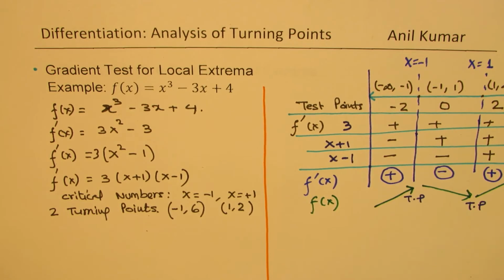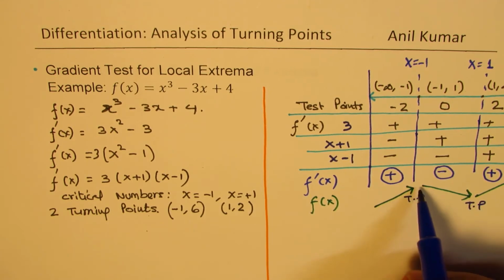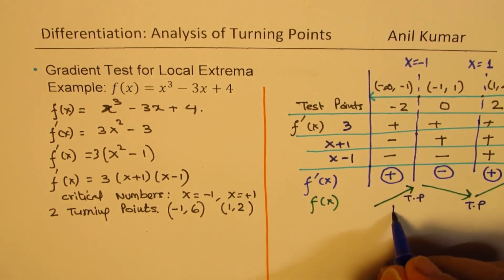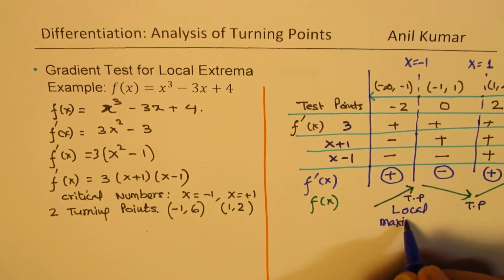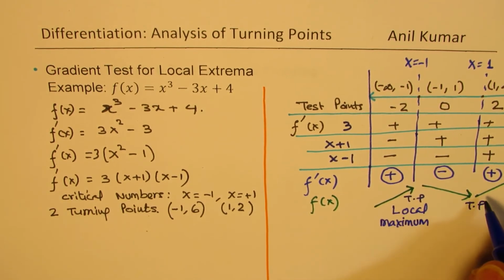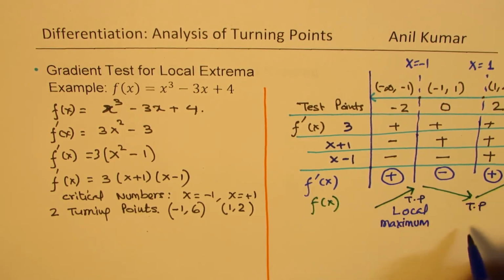Clearly, as you can see from here, the function is increasing then decreasing. That means we have reached a maximum. So this is called local maximum. And here the gradient is going down then increases. So that means we have hit a bottom value, the minimum value. So this is local minimum.